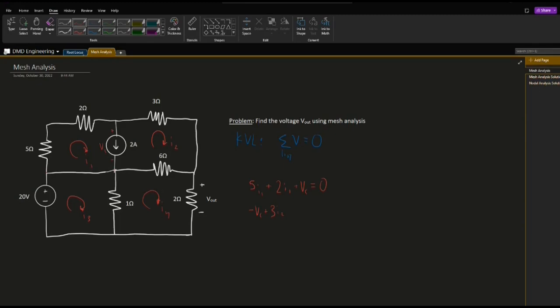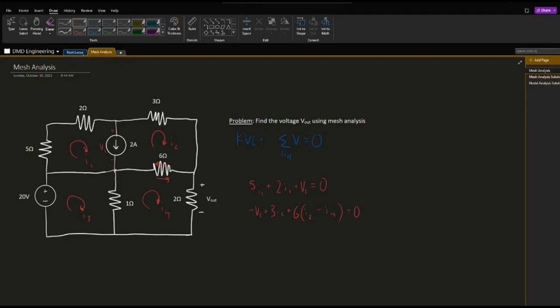For resistors that are between 2 different meshes, the voltage across them is defined by the sum of those 2 currents. So I'll put plus 6, and the current going through there is going to be I2 minus I4. Since we're going around the I2 loop, I define that direction as positive because of the passive sign convention, and I4 is going this way, I2 is going that way. So if I2 is going in the positive direction, I4 must be in the negative direction. We finished going around that loop, so that equals 0.